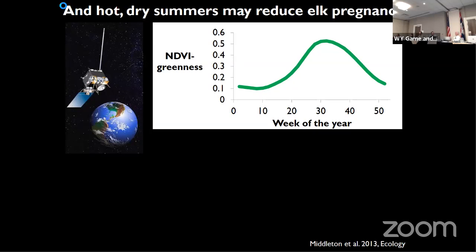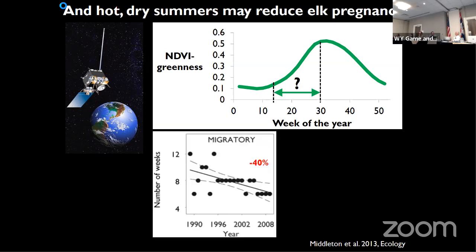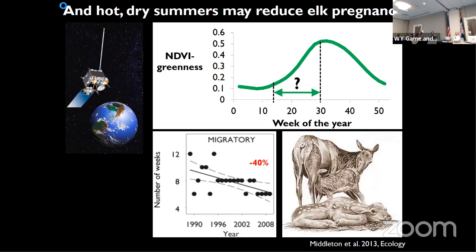So we're looking here at the period of green up, and what we could see just from space is a decline over a number of years in the duration of the green up. This is an important period nutritionally for these migratory elk up in the high country, and we could see that even prime age females were not becoming pregnant every year for several years during this work.